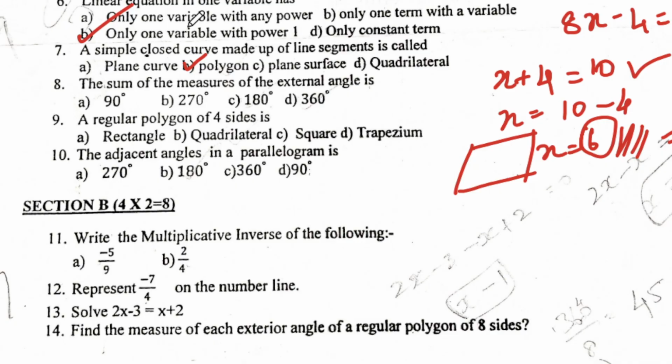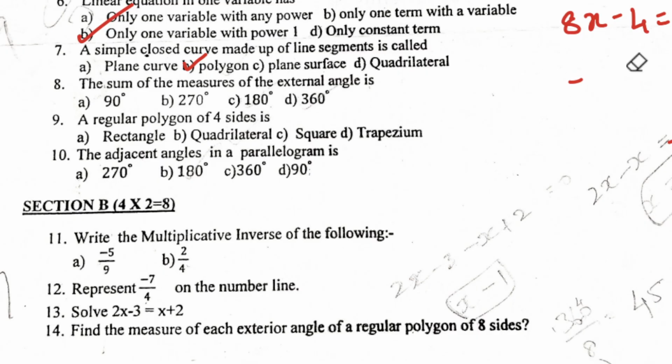The sum of the measures of the external angles is. For example, one minute students, I'll erase all these. External angle, let's take a triangle.